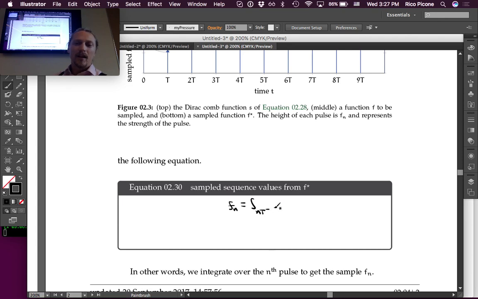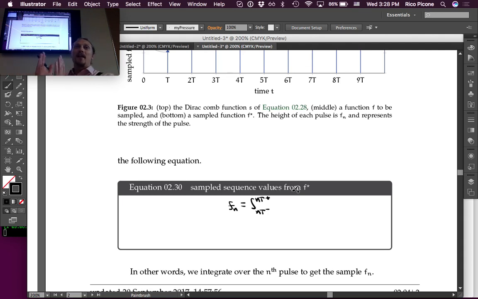So we're going to integrate for the nth sequence value. That Dirac delta is going to happen right at nT, so we're going to integrate from nT minus to nT plus. Okay, we can integrate over 0 all we want, and we're going to get 0.